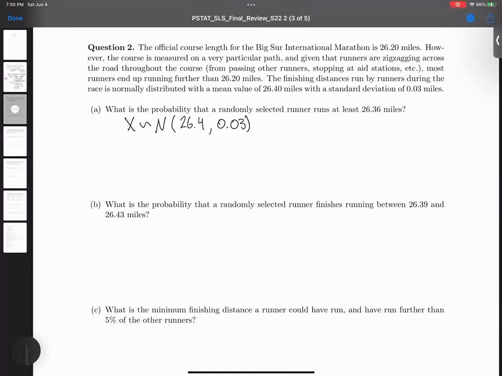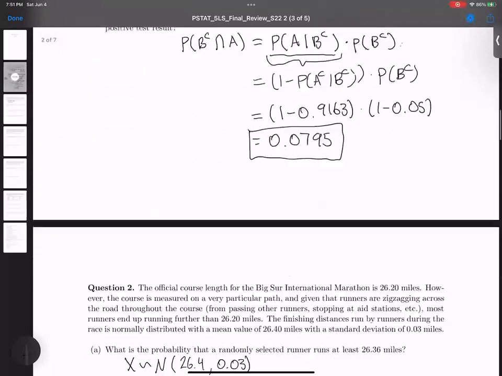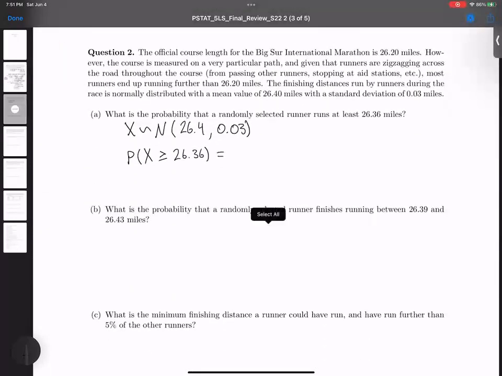Then the probability that we're trying to find is the probability that the randomly selected runner's finishing distance is at least, as in greater than or equal to, 26.36, which, for using the tables, we want to get in terms of a less than sign. So we'll say that this is equal to 1 minus the probability of X being less than 26.36.